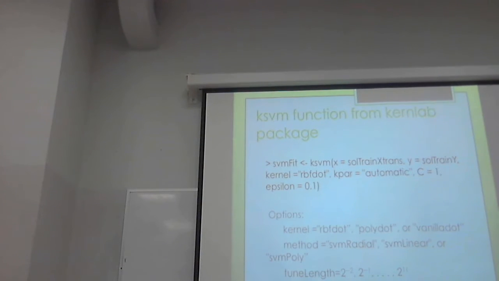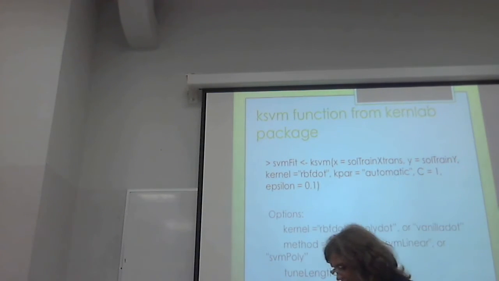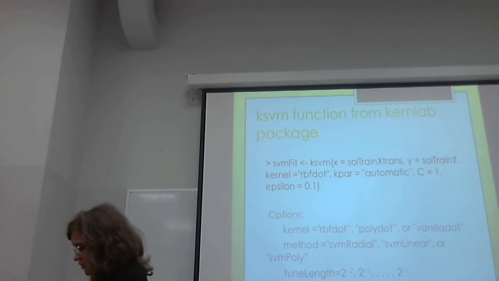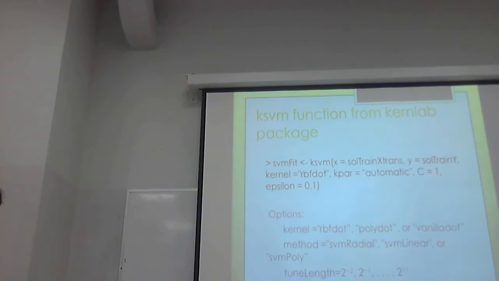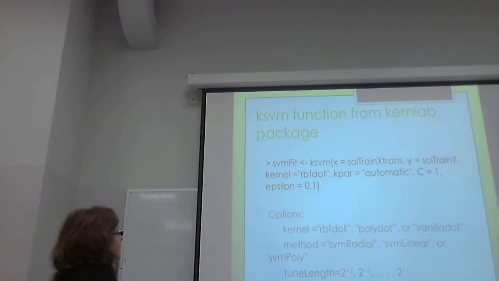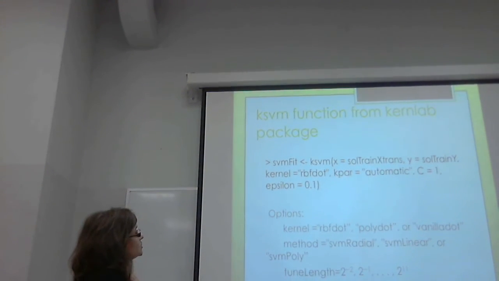Again, to apply SVM, you just need to know how to install packages. First, you have to understand the tuning parameters and the packages. We applied it to the solubility data.